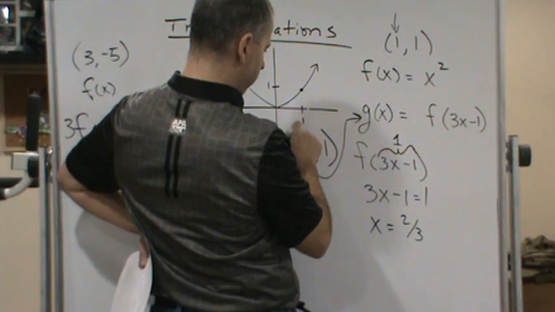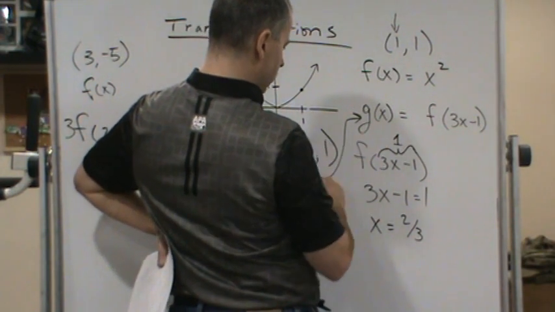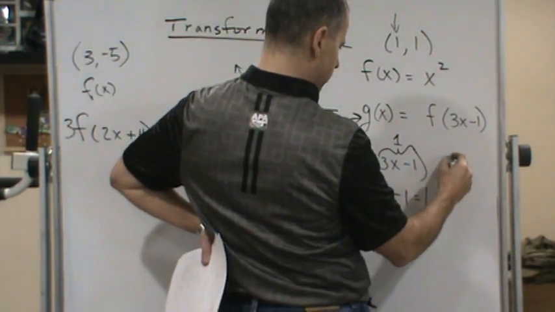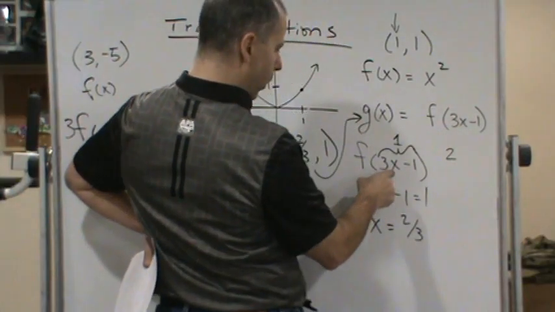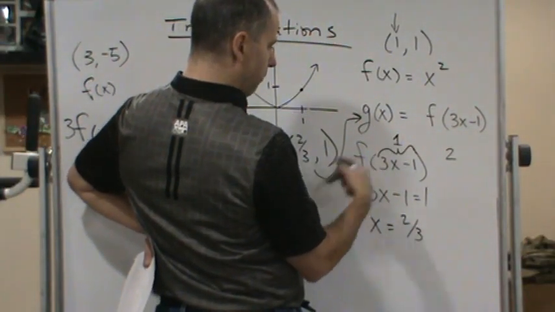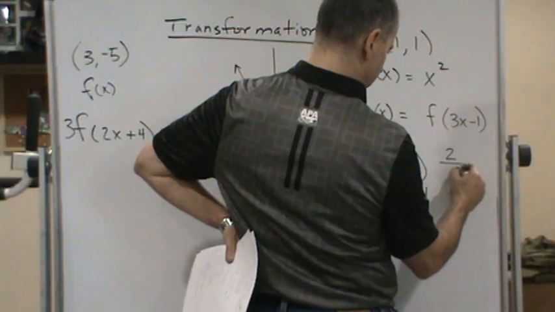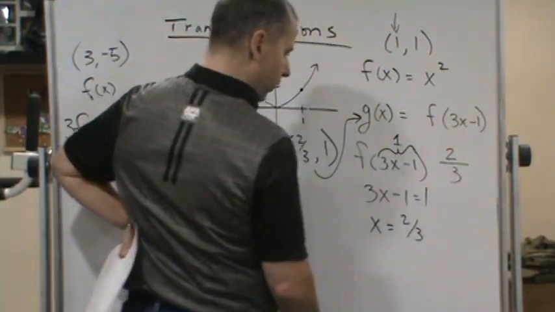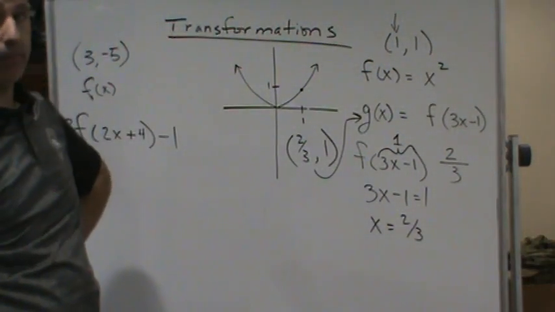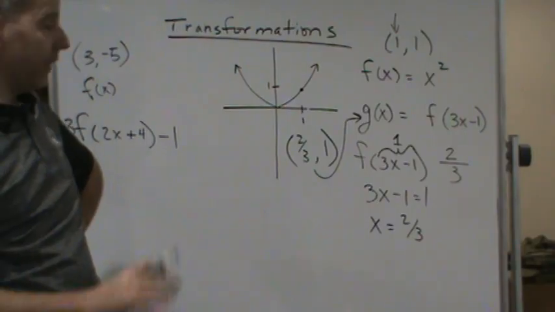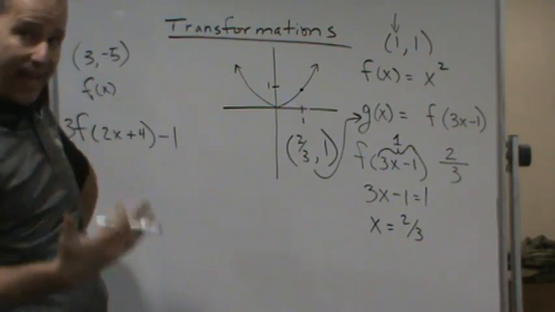So this is going to go from 1 to 2. Then I'm taking 1/3 of the value, so I'm just dividing by 3. And there you go. Look at that. I got the same answer. That's how it works.